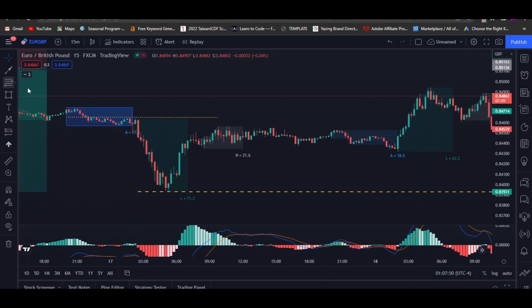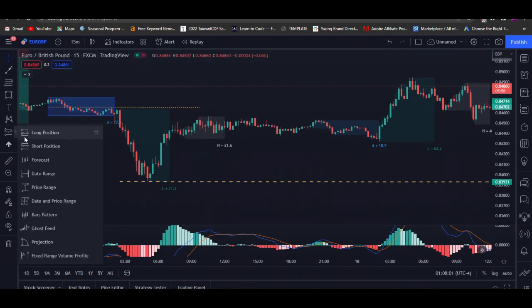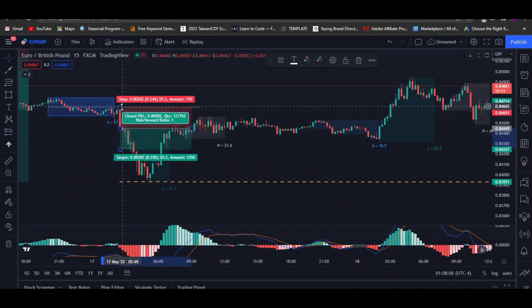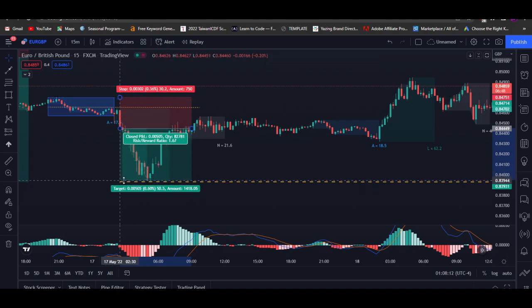So we enter right after this bearish candlestick right here, the first bearish candlestick, which is an engulfing candlestick. You can see it's bigger than the bullish candlestick. So we enter right here for a short. 30 pip stop loss. And you can see this trade would have given us how much?